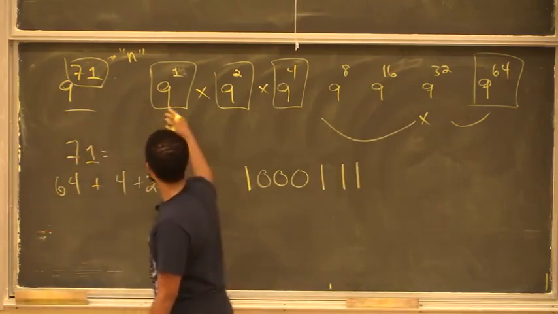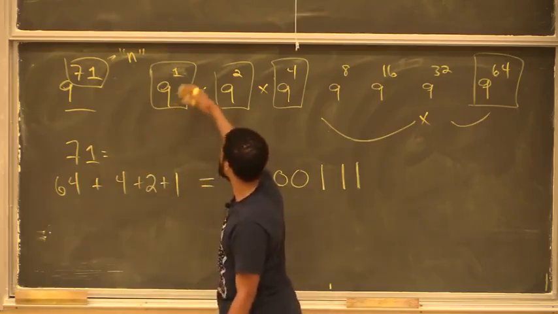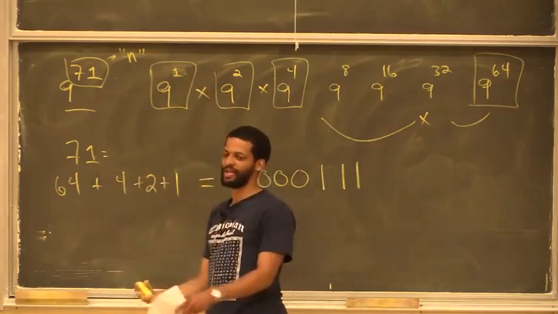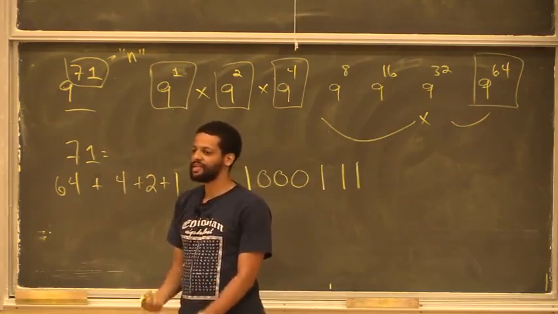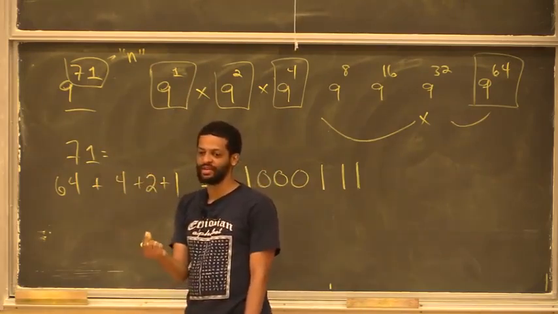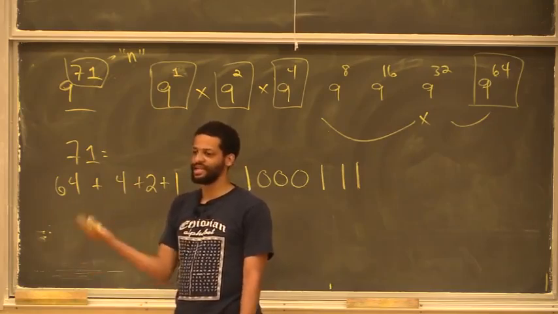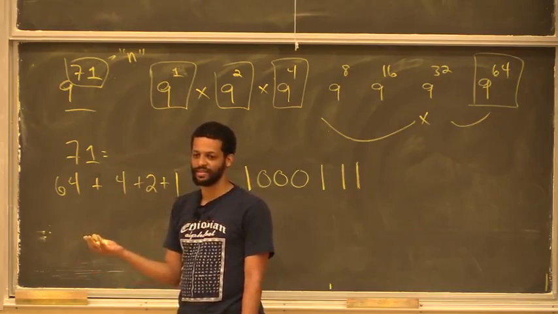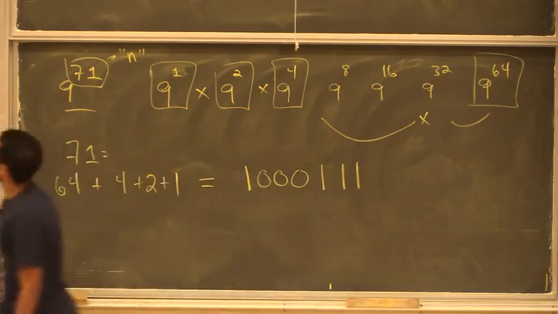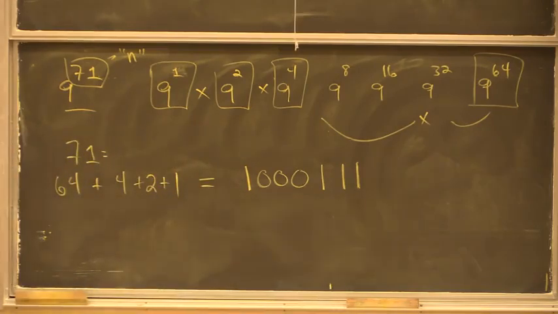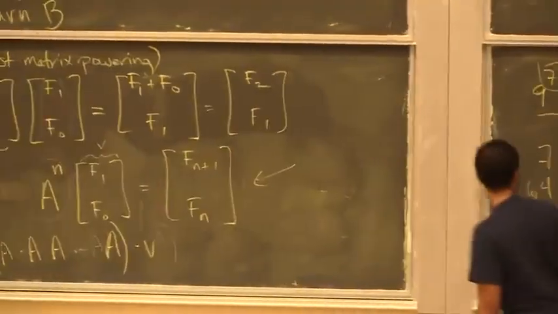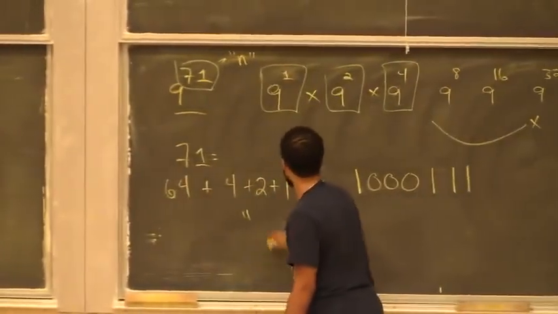So I calculate basically that matrix A raised to various powers of 2, and then I multiply the relevant ones together. Each time I do a matrix-matrix multiplication, it's a 2 by 2 matrix times some other 2 by 2 matrix, which again is O of 1 flops, a constant number of flops. By the way, this technique is known as repeated squaring.